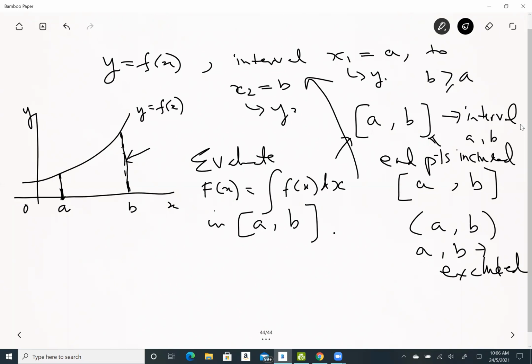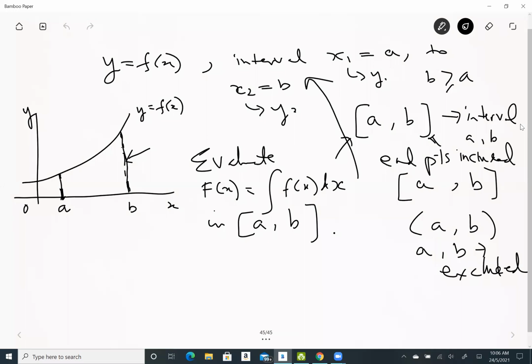So now, let us write the definition. Based on our discussion here, we are going to define the definite integral.